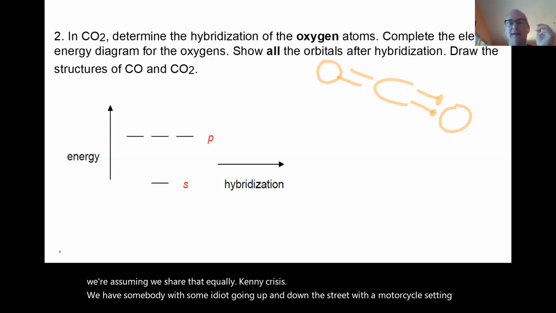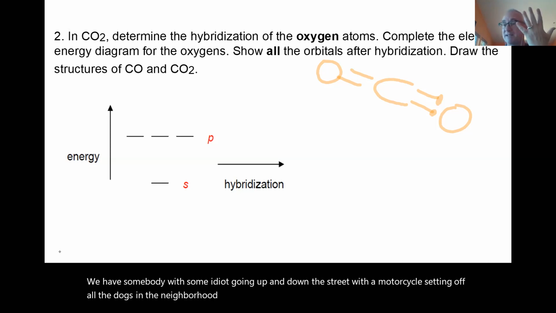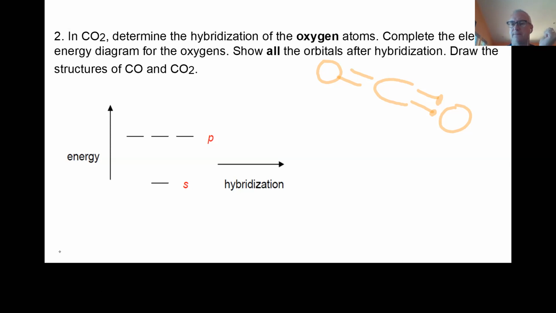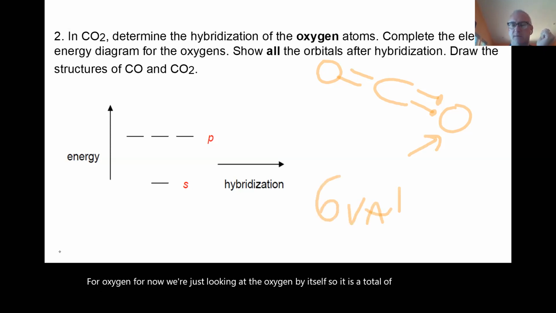Right, so we have 6 electrons total. So here's 2. Where do the other 4 go? For CO or CO2? For oxygen. Now we're just looking at the oxygen by itself. So there's a total of 6 valence electrons.